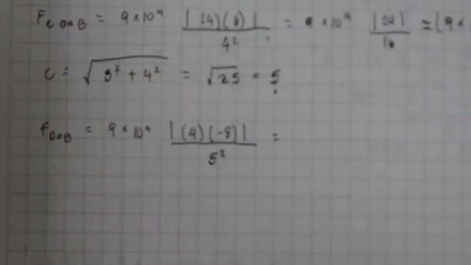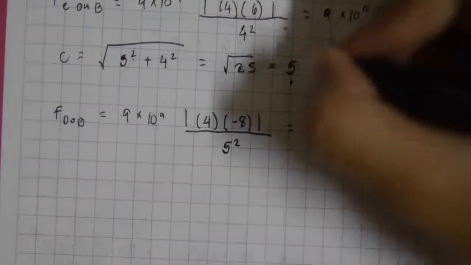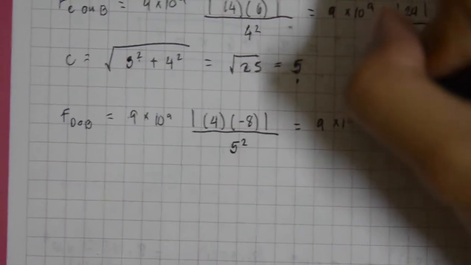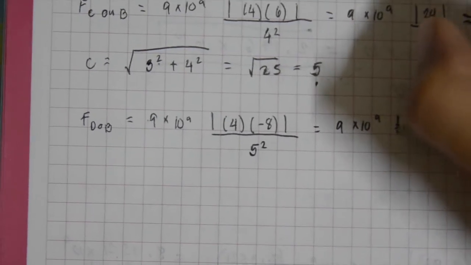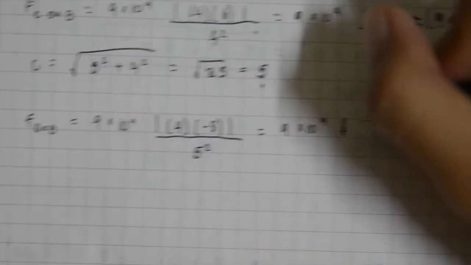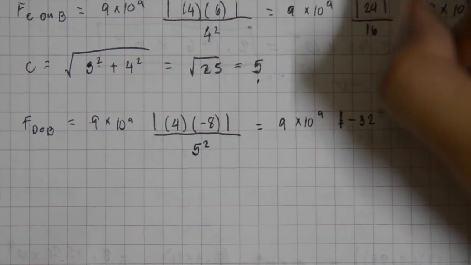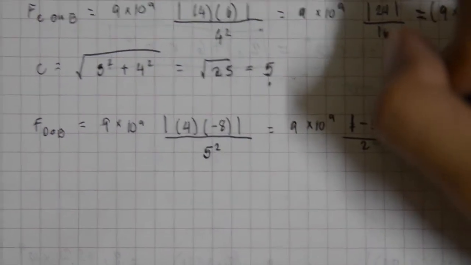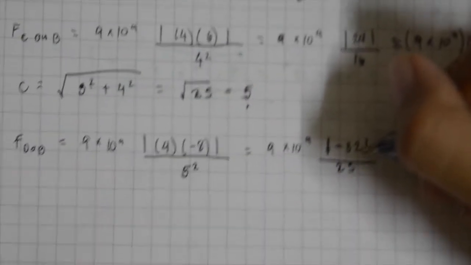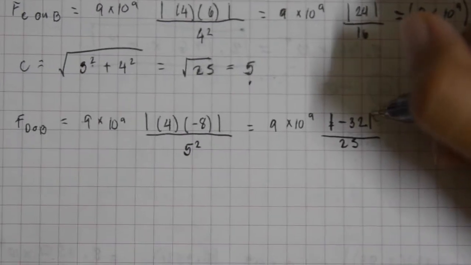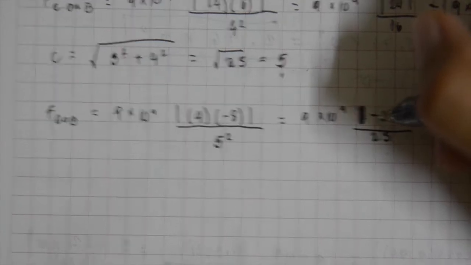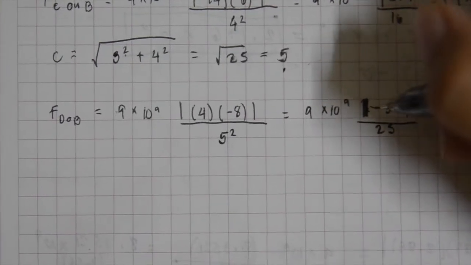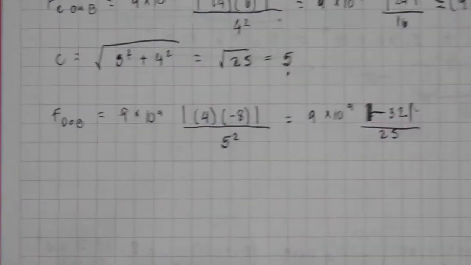Now we'll get 9 times 10 to the 9th times negative 32 over 25. Remember, this is the absolute value sign, so the negative will be gone.